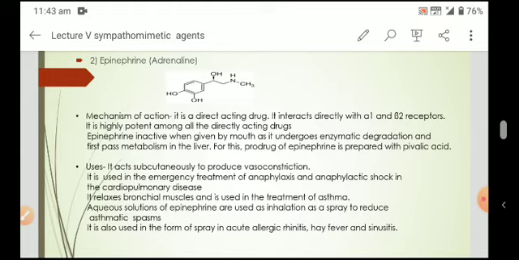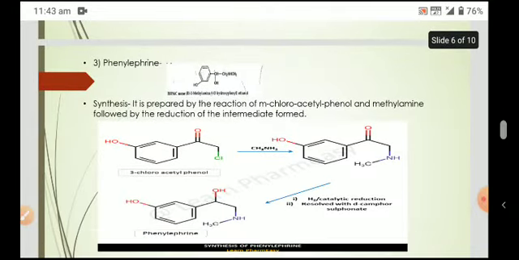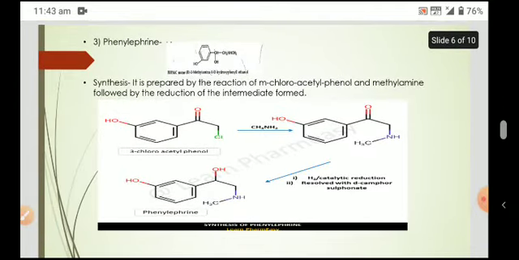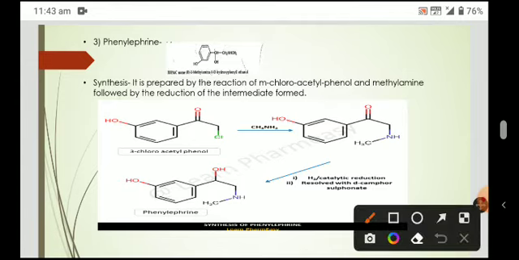Now the third drug from the direct acting category of sympathomimetic agents is phenylephrine. First important point is regarding the synthesis. It is prepared by the reaction of m-chloroacetylphenol, that is the meta position, and methylamine.